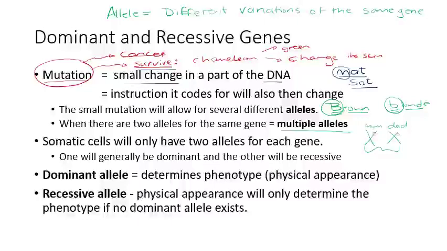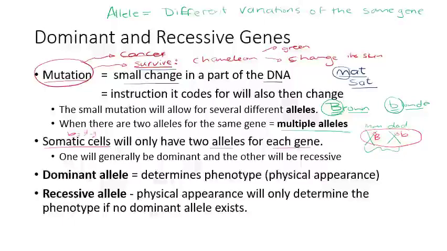Mom could be brown haired and dad could be blonde haired. And when these two blend together, they give you whatever hair color it is that you've got. So somatic cells, which are our body cells, will only have two alleles for each gene.